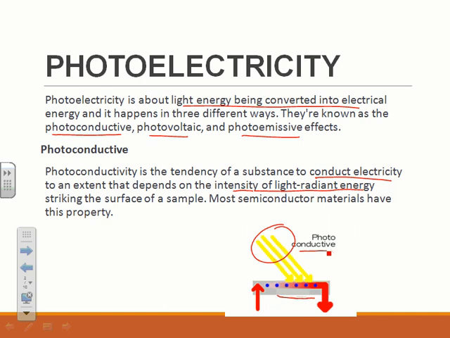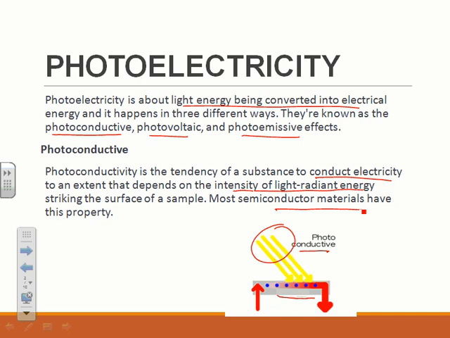So this material is able to conduct or not conduct. It may act as a conductor or an insulator, and most semiconductor materials show this property. So this is the photoconductive effect.